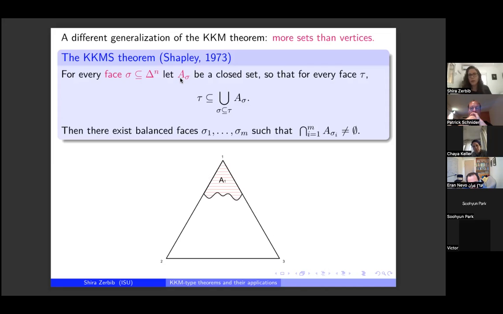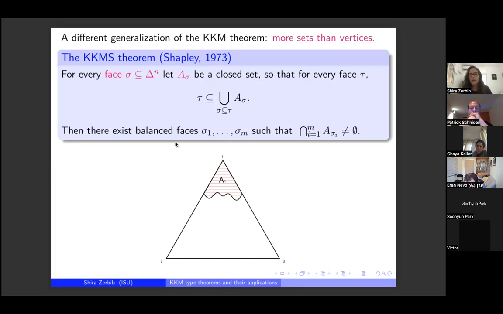So if we had the n-dimensional simplex, then we had n+1 sets A1 to A_{n+1} corresponding to the n+1 vertices of the simplex. Here, Shapley allows us to index sets by any face, not just the vertices.